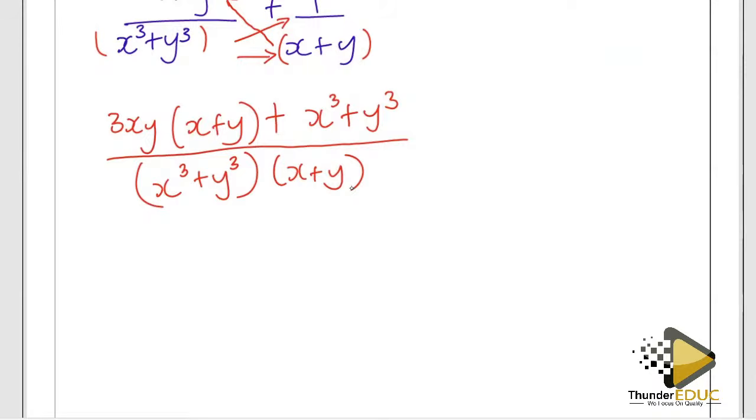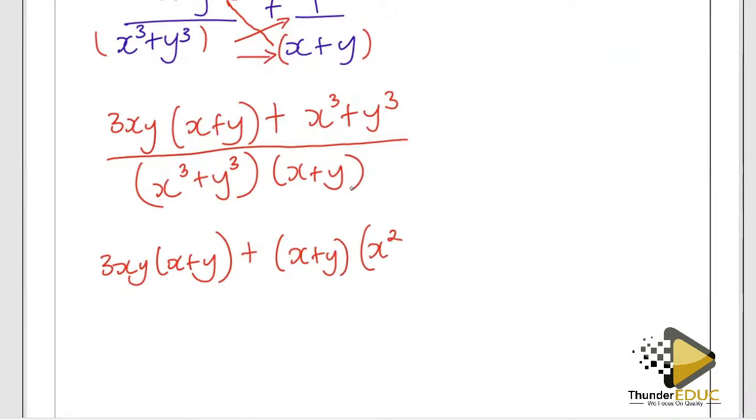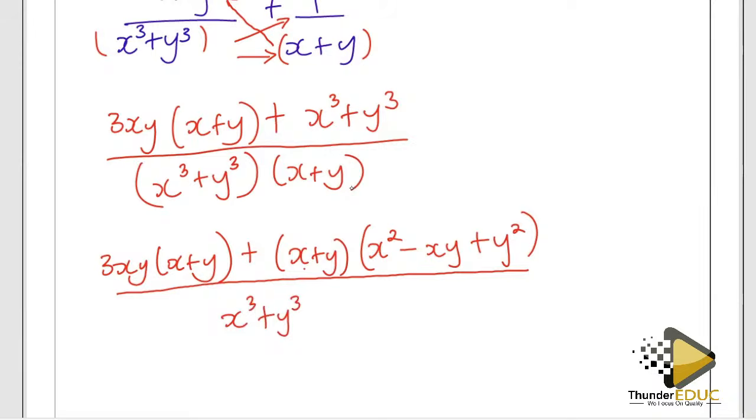So I'll keep this, so I'll have 3xy into x plus y plus, factorizing this, it will be x plus y into x squared minus xy plus y squared. We're dividing this by x cubed plus y cubed into x plus y.